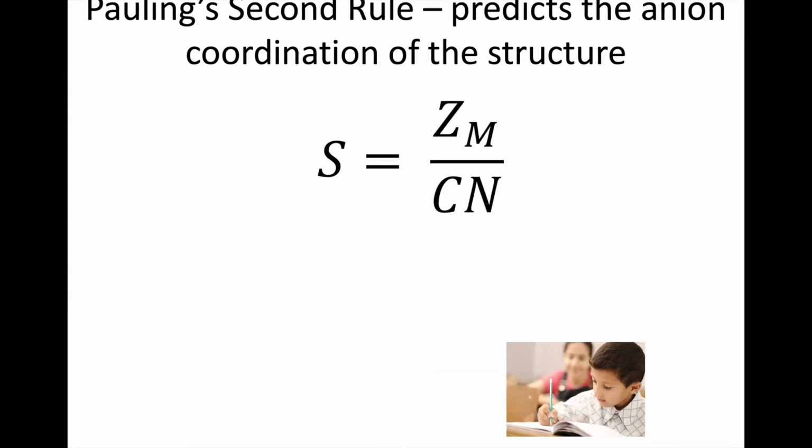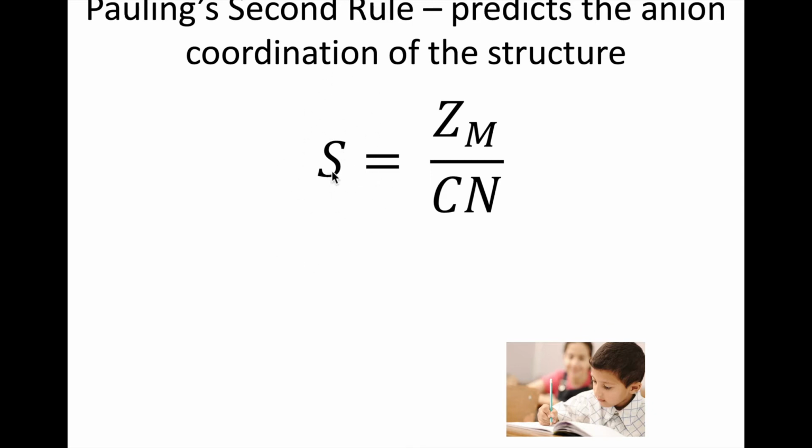The second rule is, in essence, the opposite, predicting the anion coordination. So we know the cation coordination if we apply the first rule. Now with the second rule, we try to predict the anion coordination of the structure. We do that with a thing called bond strength, and that's what S is.